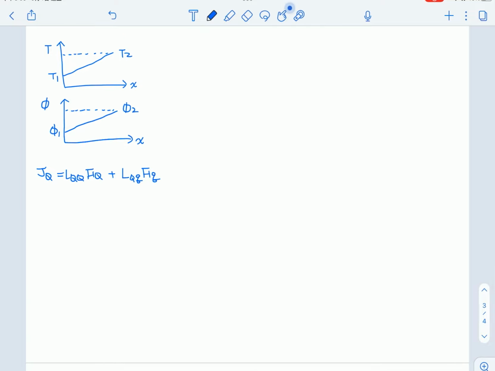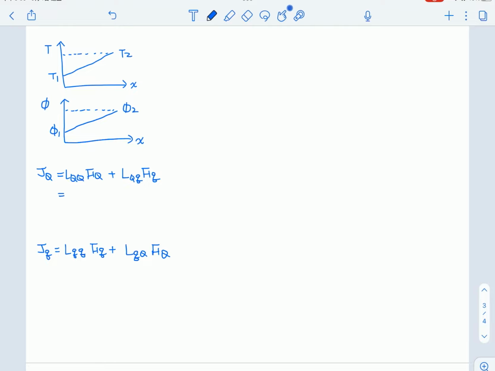So you can use the same idea to get the current density. Current density is directly driven by the electrical field with its drag coefficient, and it is also contributed to by the thermal driving force, with its coefficient. So we just put all the information here.